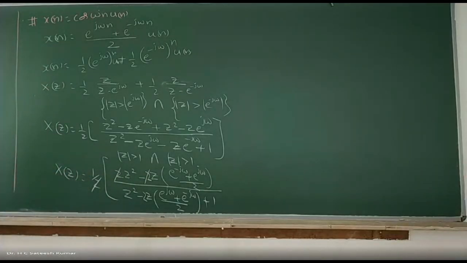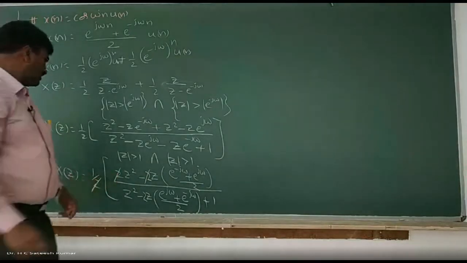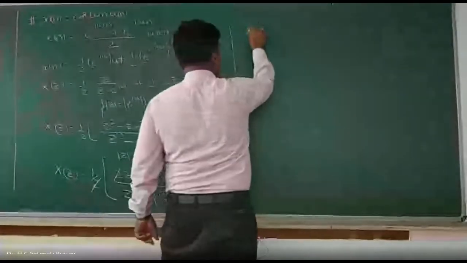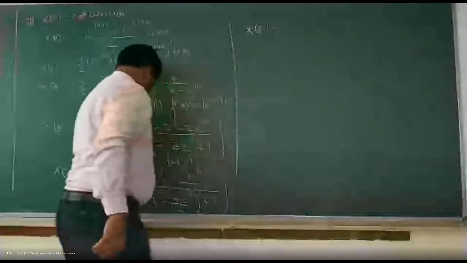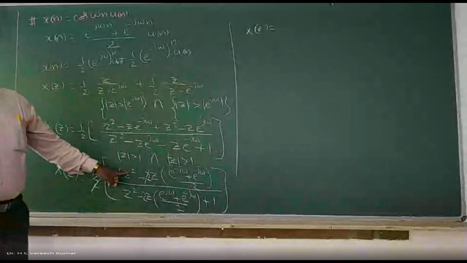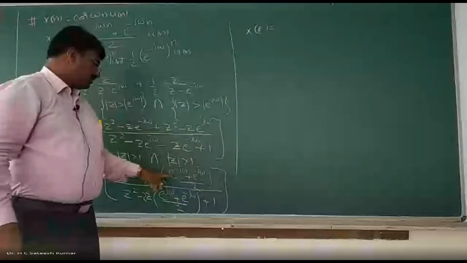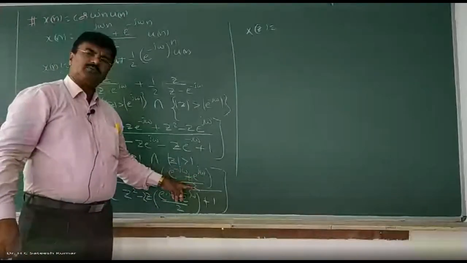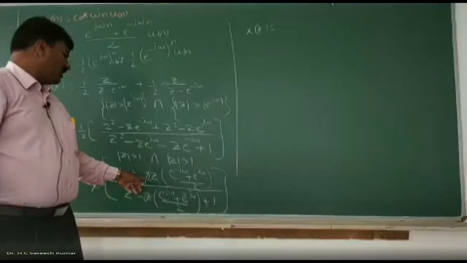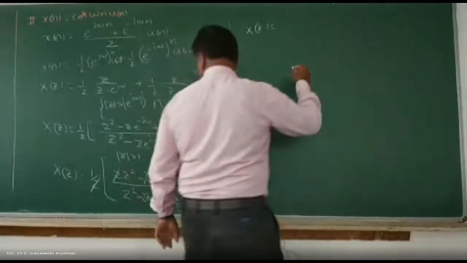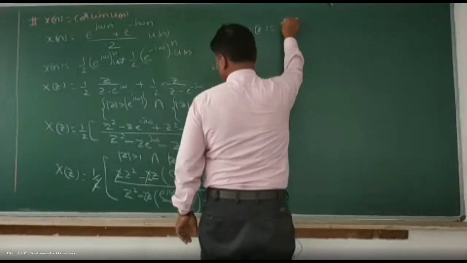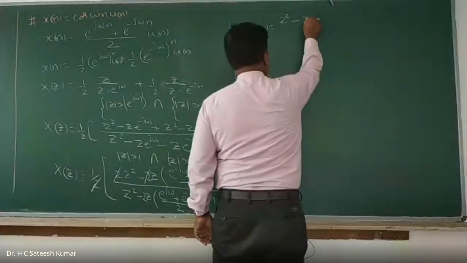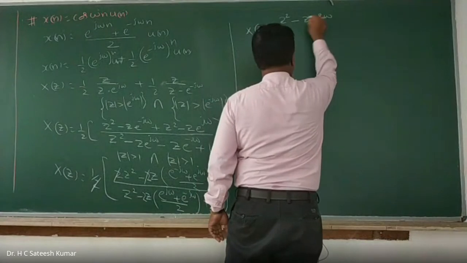And what is it that we get? This is of the form, X of z is equal to z square minus z, what? E power j theta plus e to the power of minus j theta divided by 2. This is cos. Therefore, X of z is equal to z square minus z cos omega, we will get it.